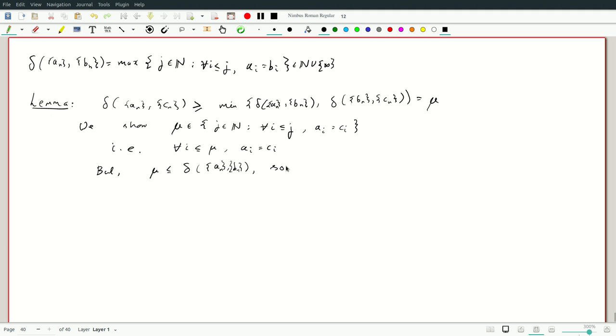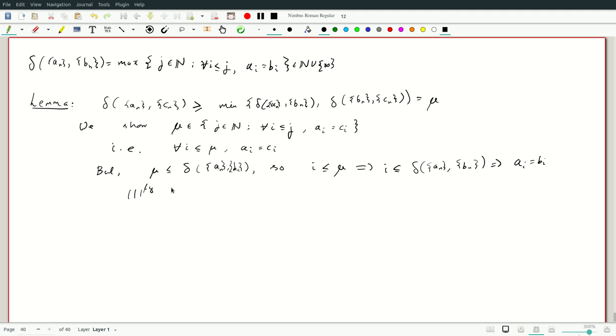Okay, so i less than or equal to mu implies i is less than or equal to delta of A and B_n, and this implies that we have this condition true, which is the condition in delta, namely A_i equals B_i.